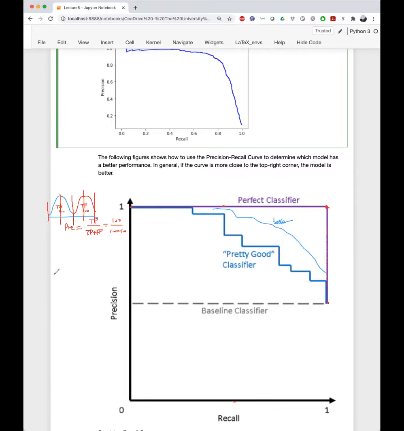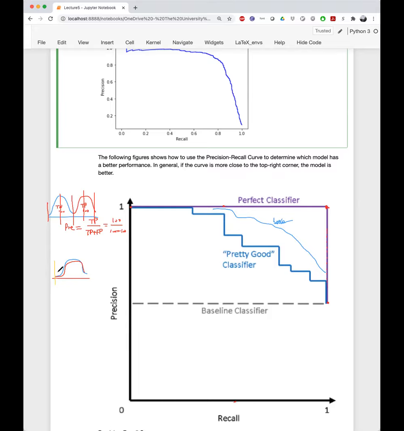And what's a baseline classifier? The baseline classifier is the case we just talked about, the random classifier. Suppose both distributions are totally overlapped. Let's look at different cases for the threshold.